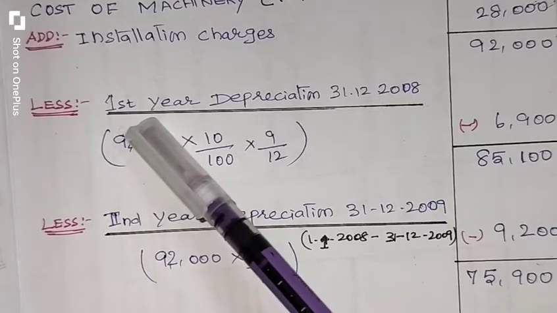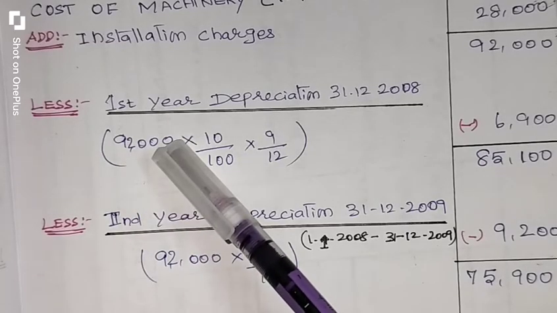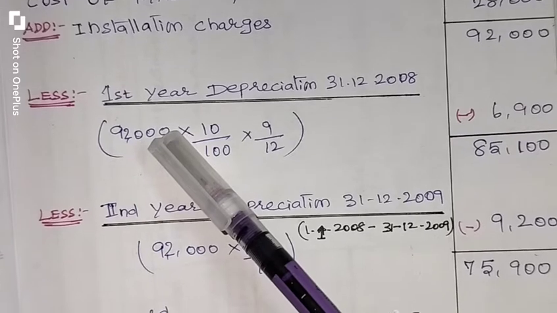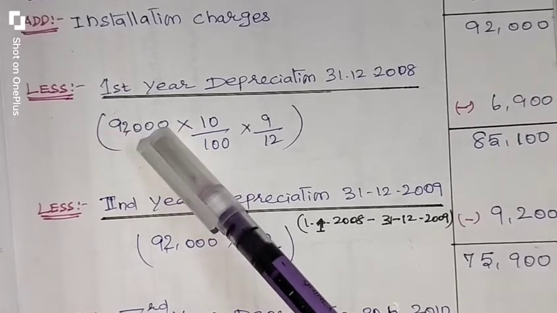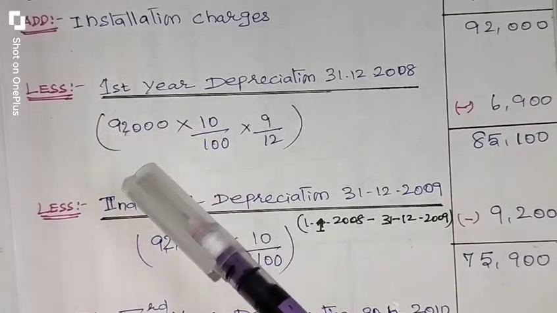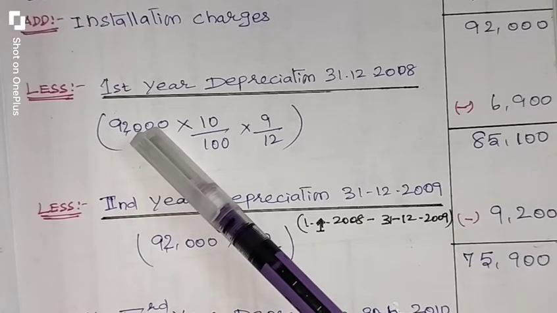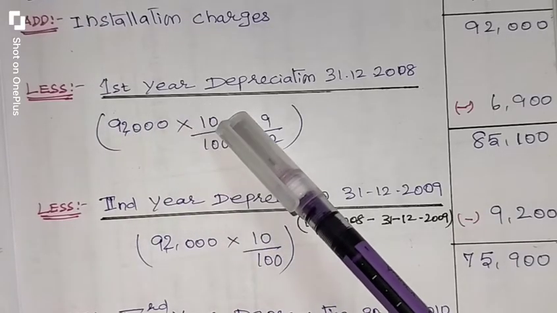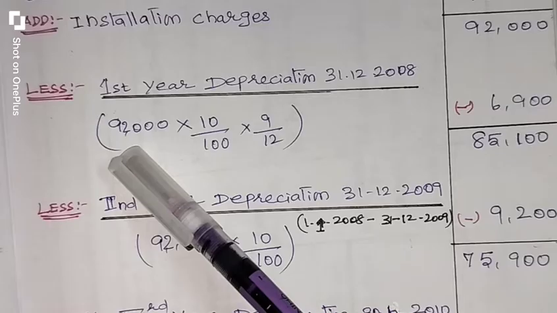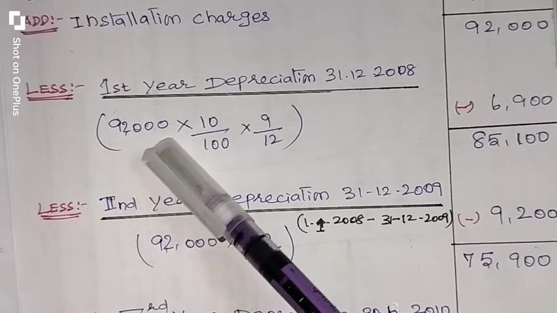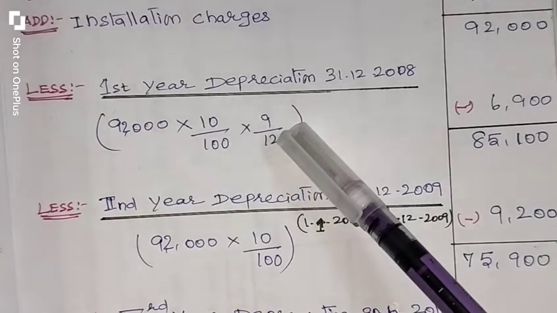The original cost of the asset is 92,000. So every year whenever you find the depreciation, you have to use the original cost of the asset. So for 10% depreciation you have to take 92,000, the original cost of the asset.